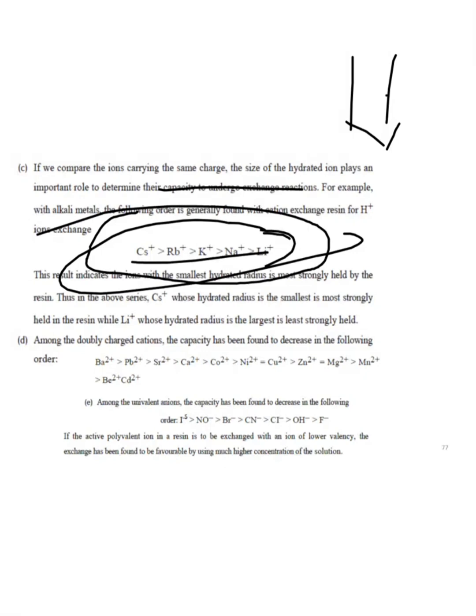So the elution will be very slow. The elution will take place very slowly for ions with a small hydrated radius.